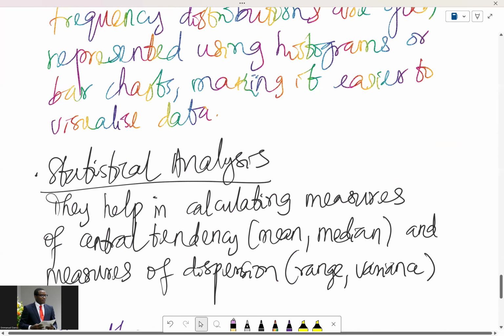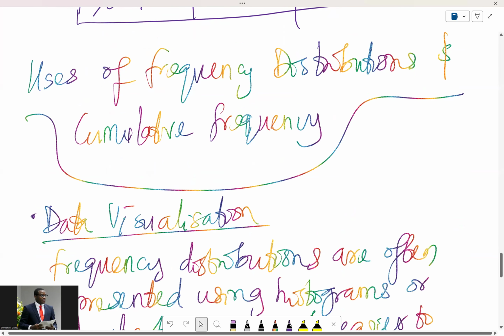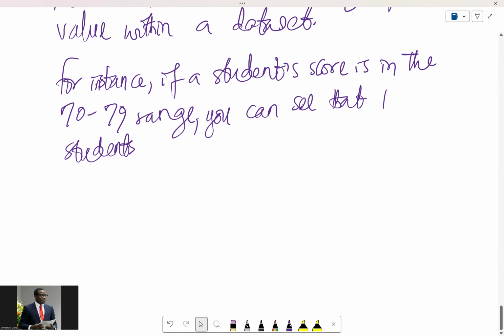Because if you include the 70 to 79 range, everybody is 18. But before that, you have 15 scoring below the range. So you can see that 15 students scored below this range.